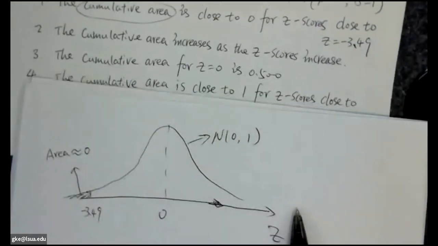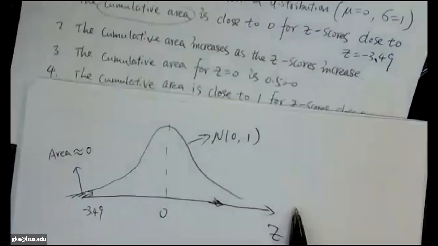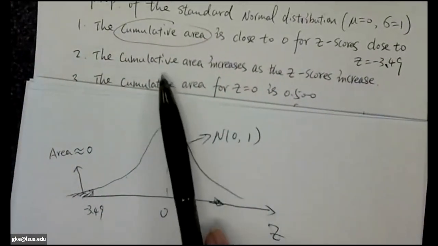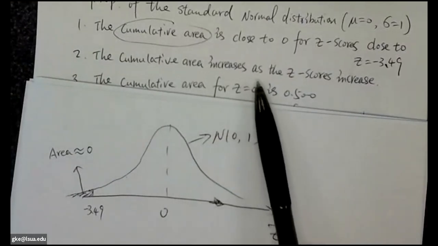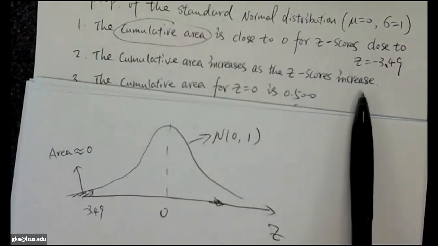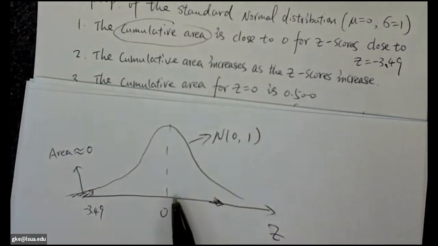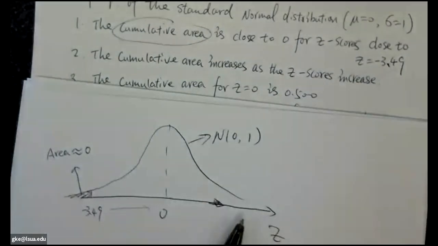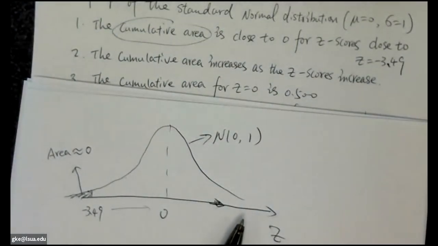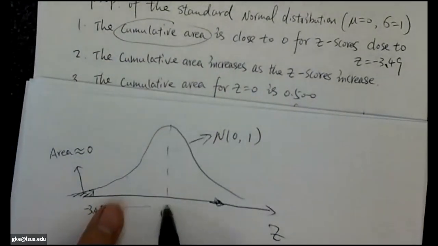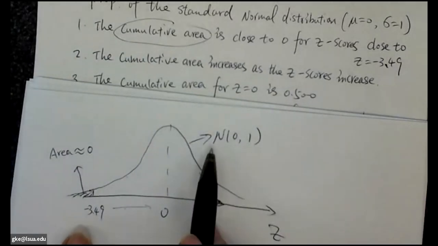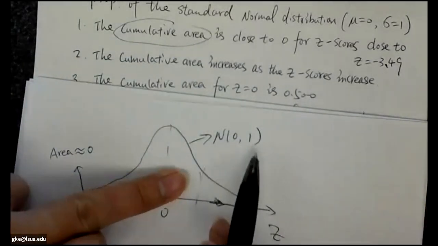Now let's take a look at the second one. The cumulative area increases as the z-score increases. What does that mean? That means as we increase the z-score, the cumulative area is going to increase, right?